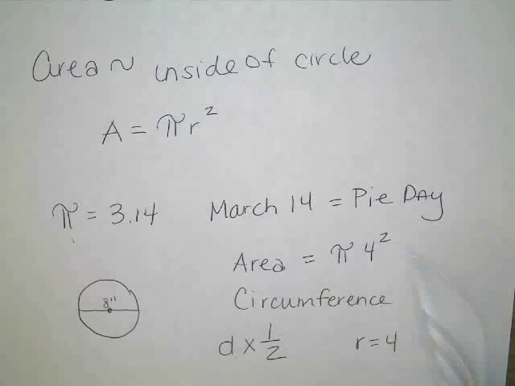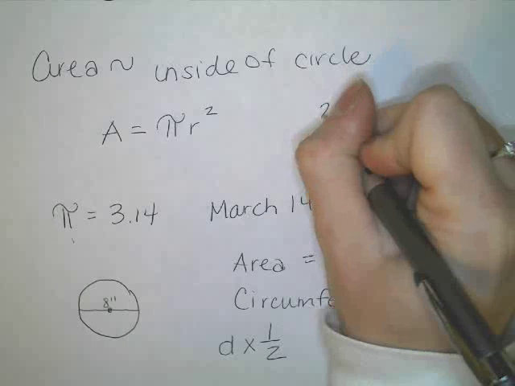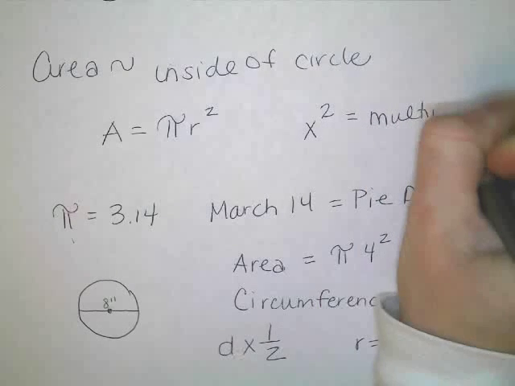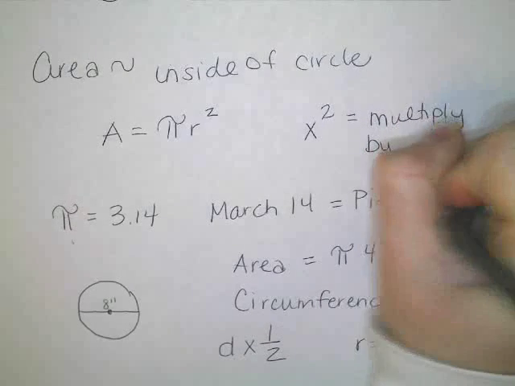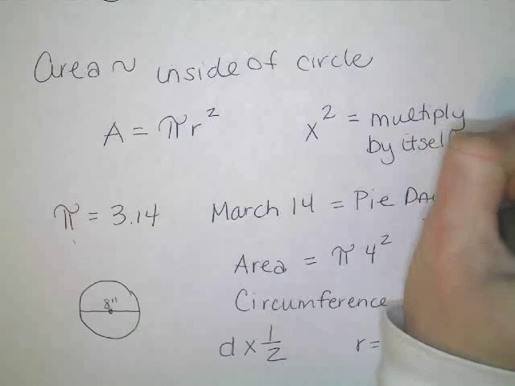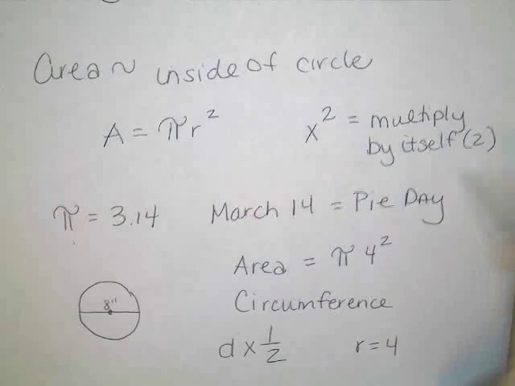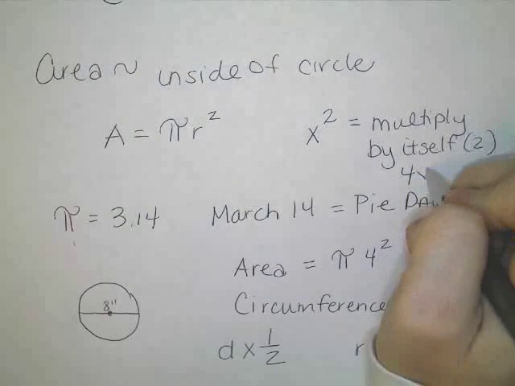When you see something squared, what does that mean? Times it 2 times. If something is squared, we multiply it by itself 2 times, so the number twice. So we would take 4 times 4.